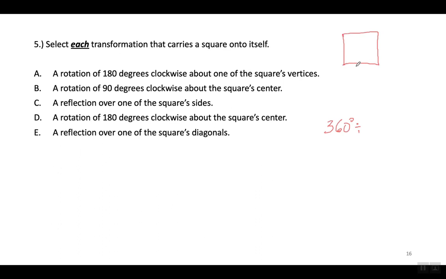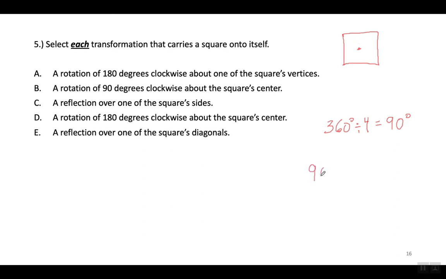Since it has 4 sides and 4 angles, if I divide 360 by 4, that tells me that every time I rotate this square 90 degrees around the center, this part is important, you have to rotate it around the center, not around anywhere else, it's going to look exactly the same.